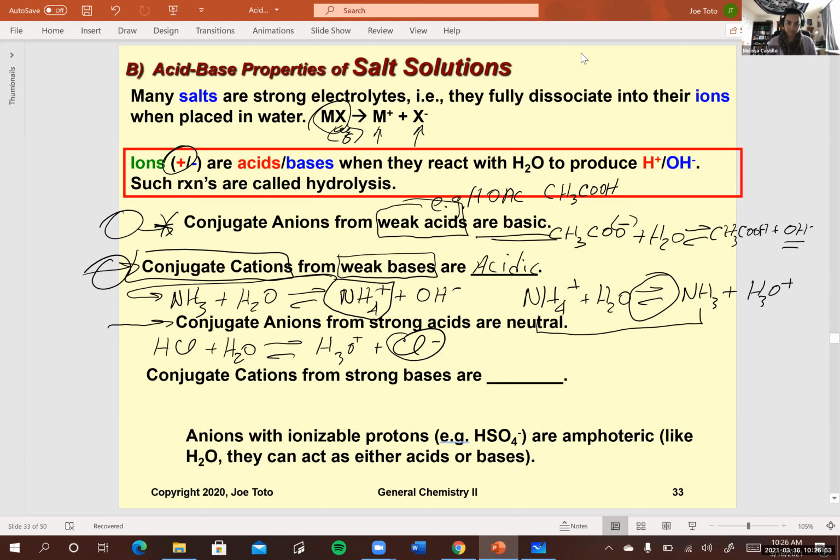And these guys are conjugate acid bases. Cl minus and HCl are conjugates. So now I have a conjugate anion of a strong acid, Cl minus. The solution is neutral. Remember, we talked about that.